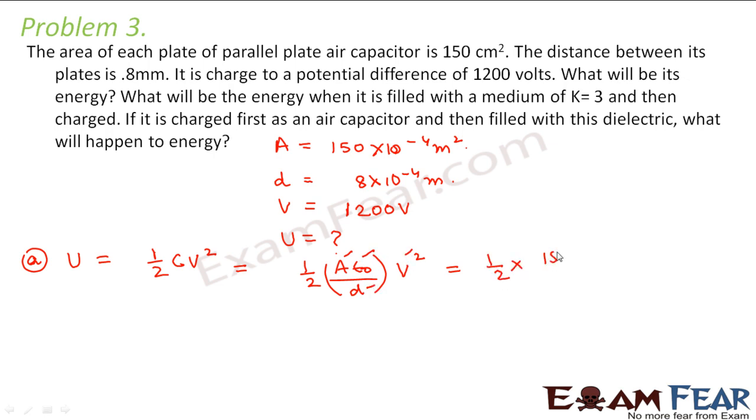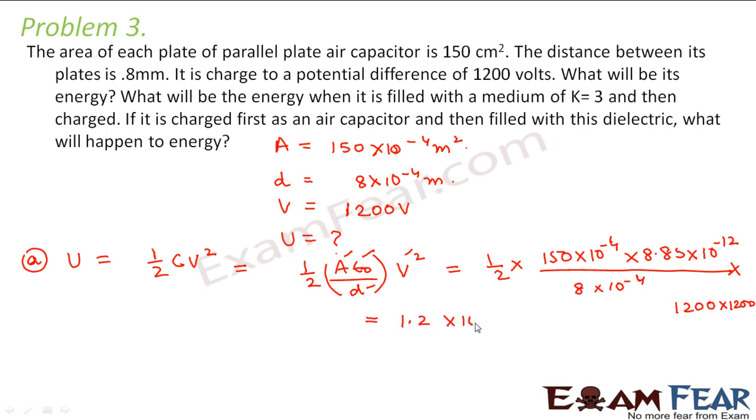Putting in the values: 150 × 10^-4 × 8.85 × 10^-12 divided by 8 × 10^-4, into V squared, that is 1200 × 1200. This comes out to be 1.2 × 10^-4 joules. This is the energy stored in this parallel plate air capacitor.